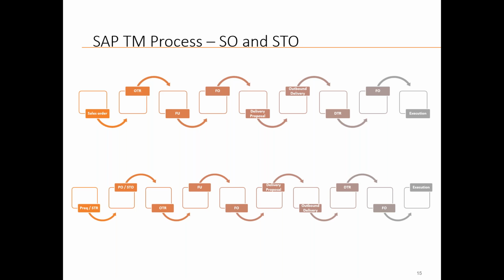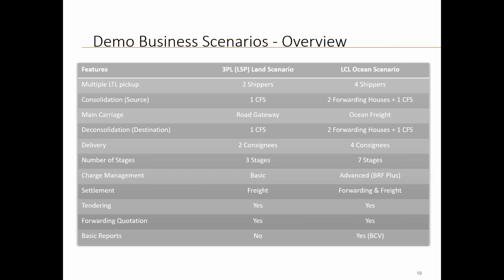So this kind of duplicate request is no more required in our S4 systems. Okay, the system will directly create the freight units for you. Okay, clear? Yes, yeah. That is one thing.